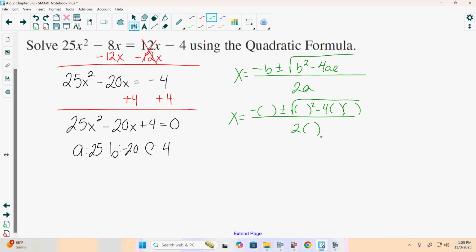Because here, we can start with a, and we're going to plug a's value into its two spots. On bottom, right here. Then we can move on to b, two spots. And lastly, c goes up here.